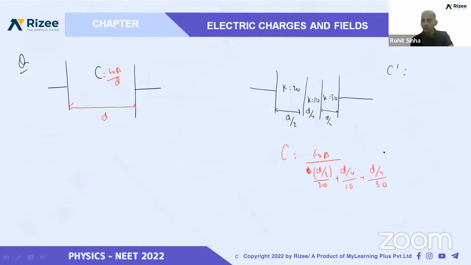So solve all these values and put epsilon naught A by D like C.